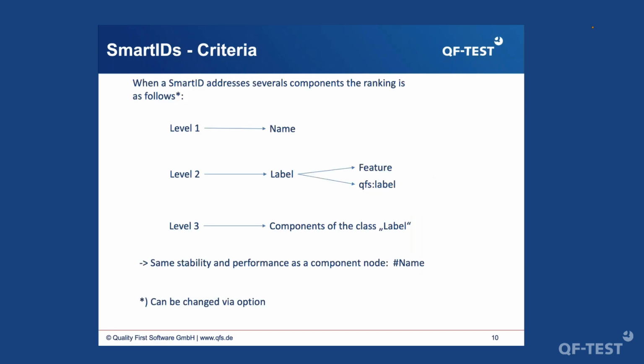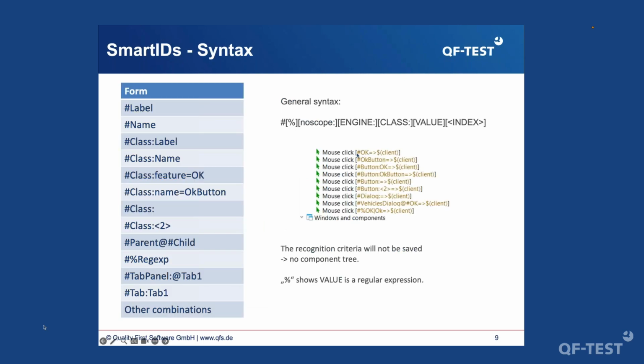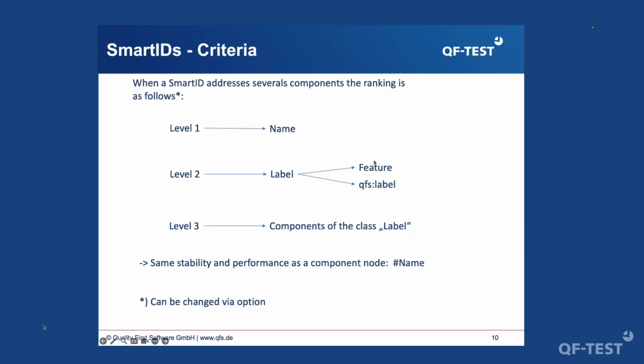And how does this mechanism work? Basically, if you provide just some parameter, like here on top, if you just write hash OK, or even if you want hash button double colon OK, then what QFTest does is a first level search, because we identified the name as one of the most unique parameters of a component.